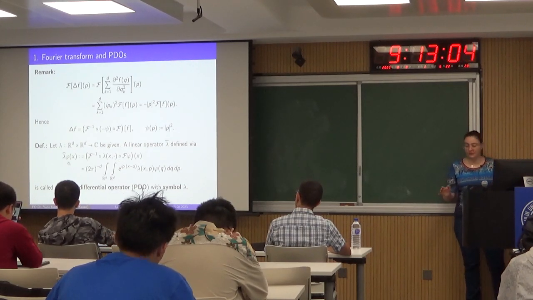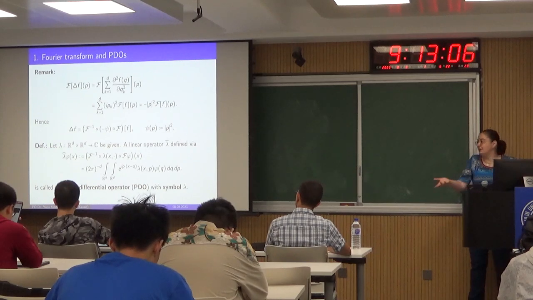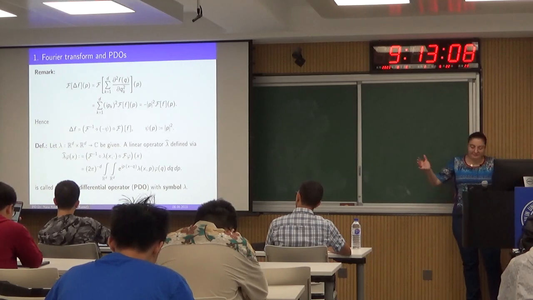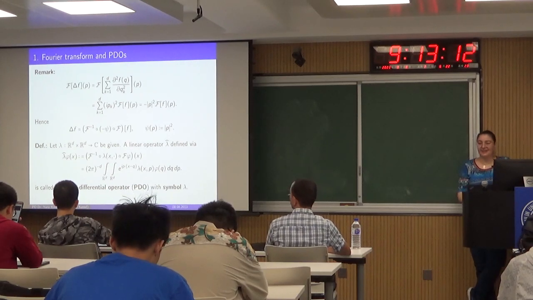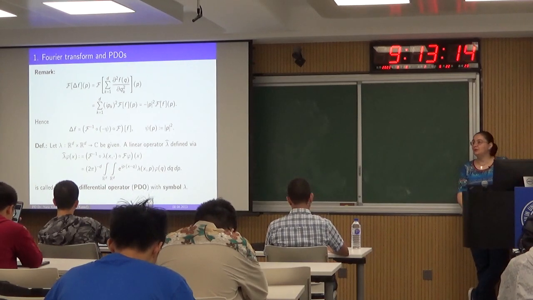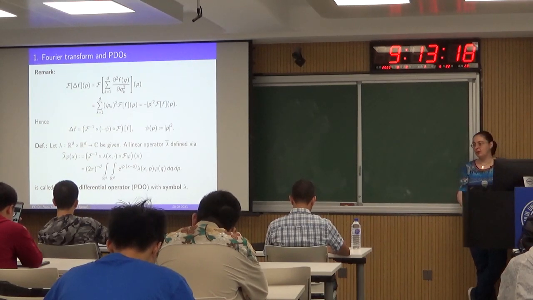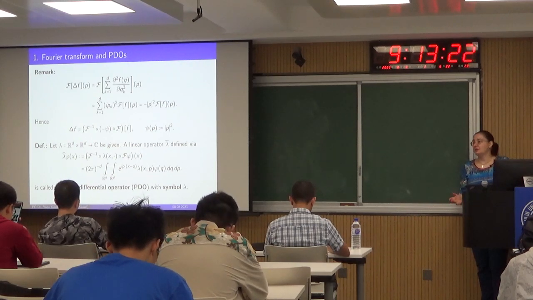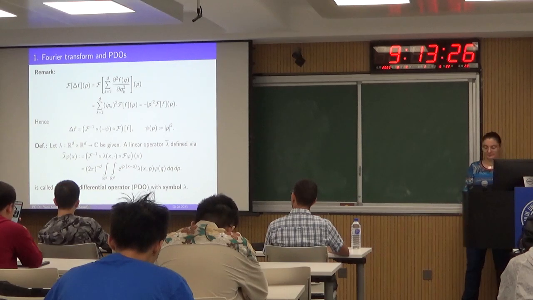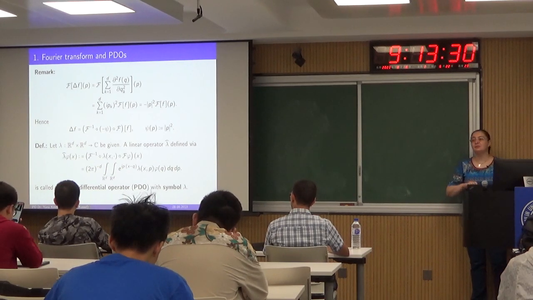No more differential, but integral. So, starting from the Fourier transform, we can define a class of operators called pseudo-differential operators. All differential operators are a special case of pseudo-differential operators. Other questions on this definition, on this notion?